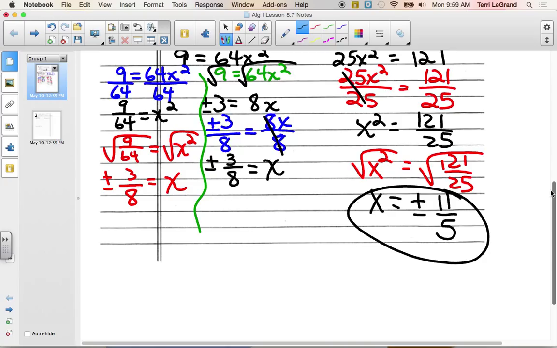Which, if we were going to say where that's going to cross the x-axis on our graph, what is 11 fifths? 2 and 1/5. Or 2 and 2 tenths in decimal.